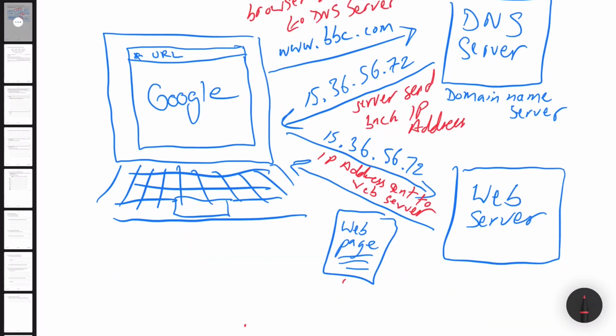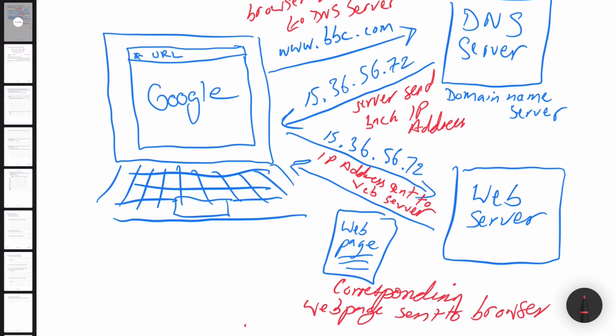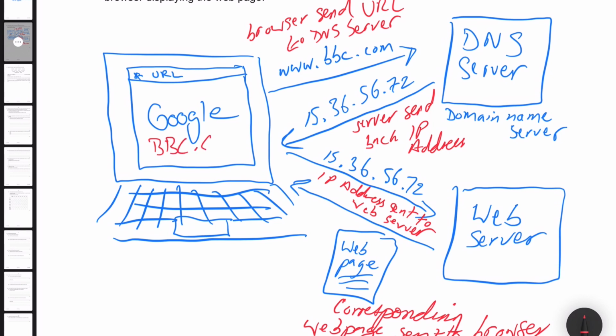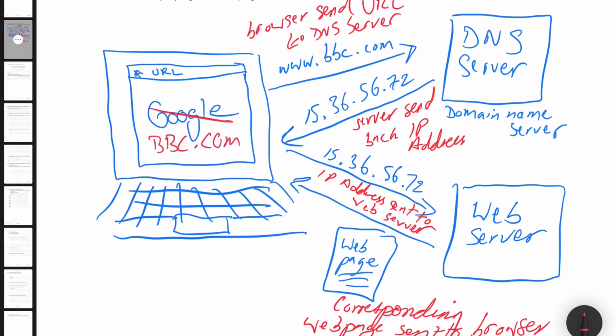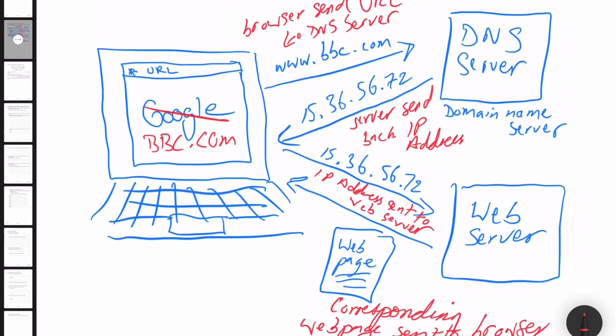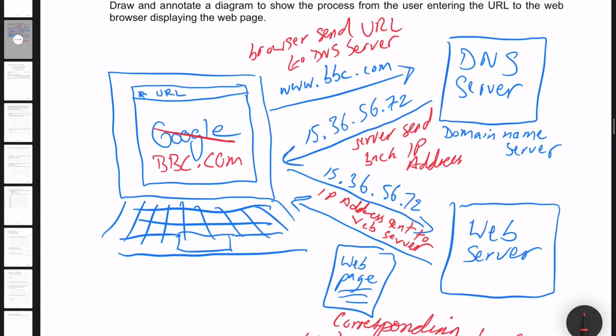Okay, corresponding web page sent to browser. Okay, so this then becomes bbc.com, rather than Google. So that would be it. Okay, that would give us the full 5 marks. Is it 5 marks? 5 marks for this particular question.